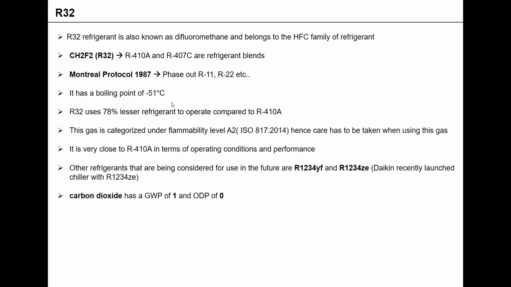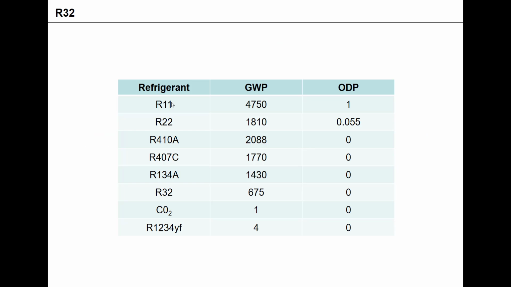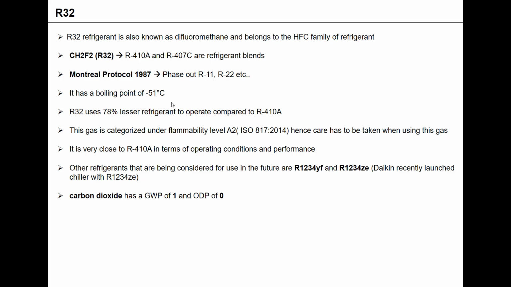Apart from R32 and R410A, there are gases with lower global warming potential and almost zero ozone depletion, called R1234yf and R1234ze. As you can see here, R1234yf has a global warming potential of 4 and ODP is 0. With R1234ze, Daikin recently launched their chiller.